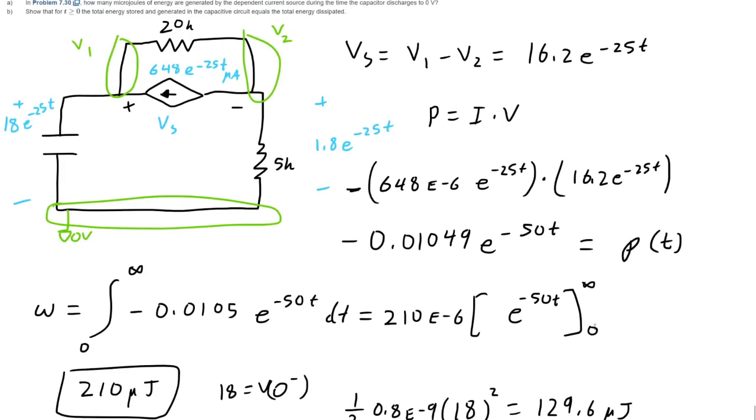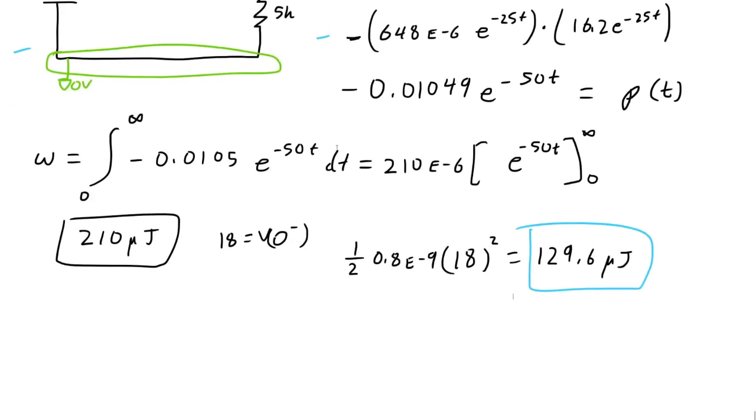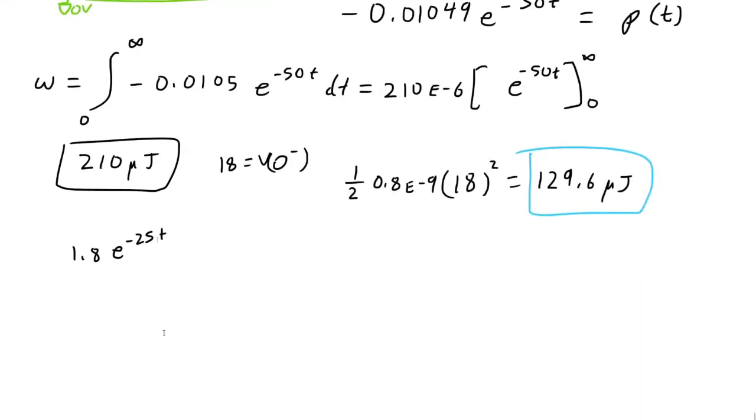So that means that the resistors have to make up all of the power dissipation, because both of these are supplying energy. So we're going to find the power for the 5K resistor. That is going to be 1.8 e to the minus 25t squared divided by 5,000.